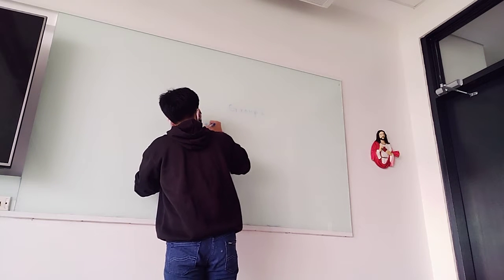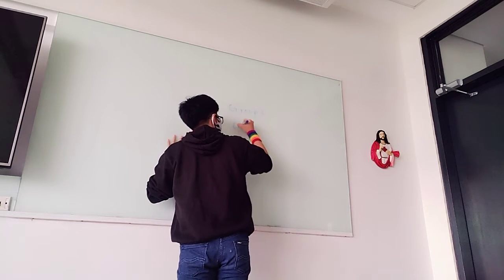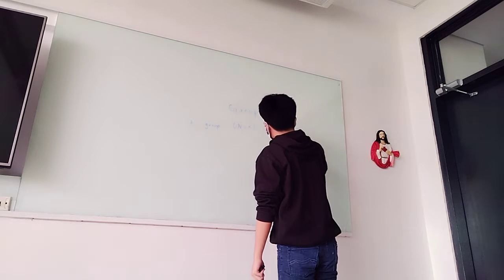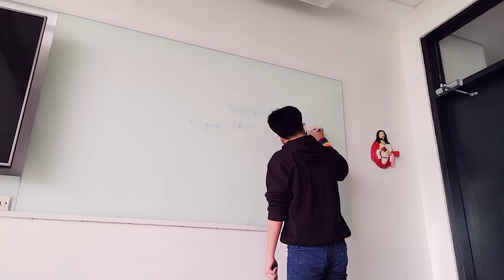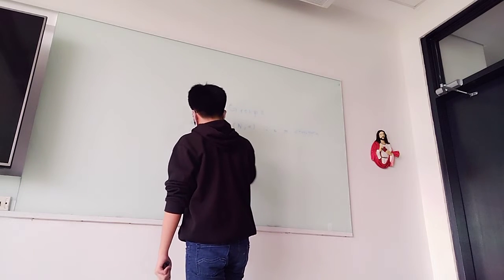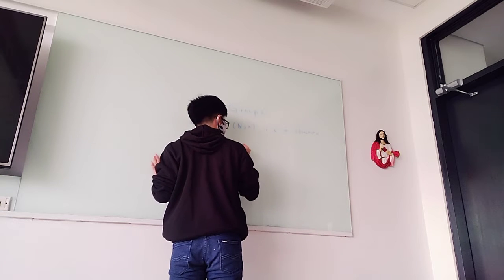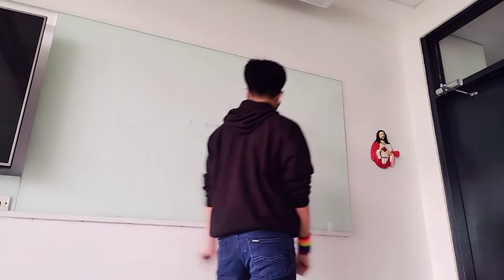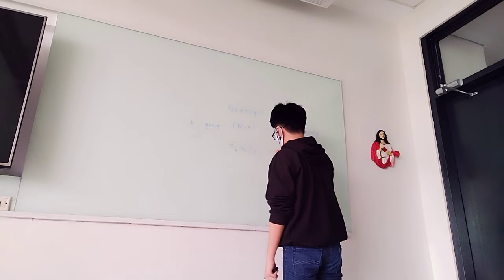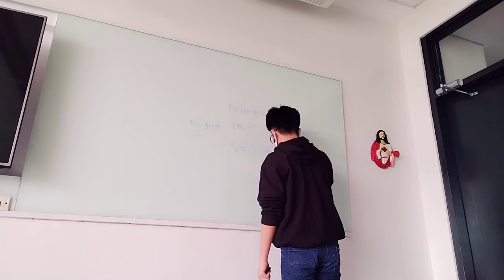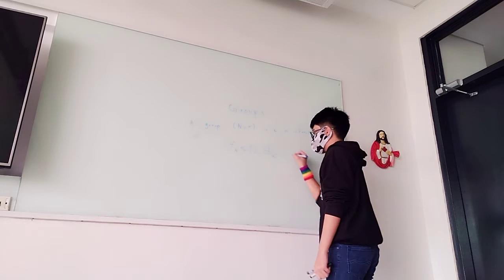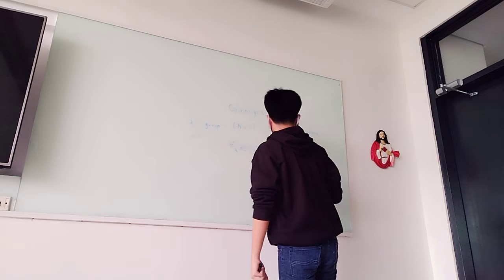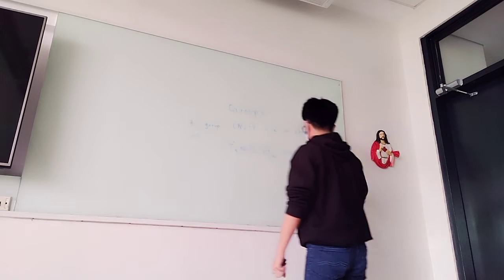A group, which I will call N with this product cross, is a mathematical structure such that for all A inside N, there exists an A to the minus 1 such that A times A to the minus 1, I'm going to call this dot, is equal to E, where E is our identity element.